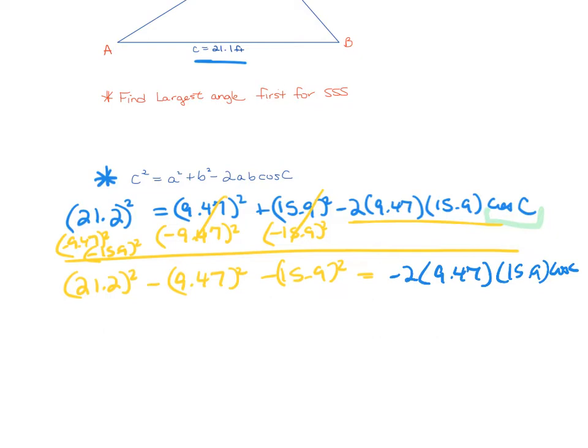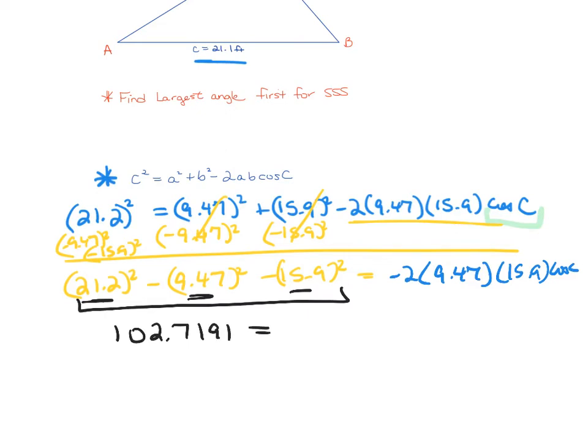So let me go ahead and simplify the yellow side. So I'm going to square each of these, square this, subtract this squared, and subtract this squared. Once I do all of that, I'm going to get 102.7191. Over here, I'm going to multiply negative 2 times 9.47 times 15.9.